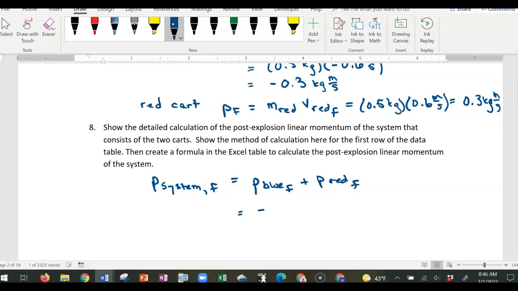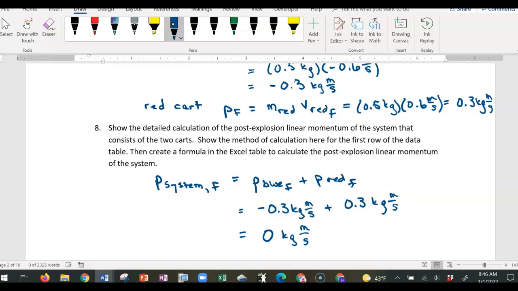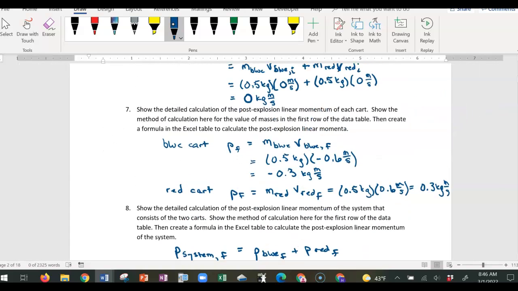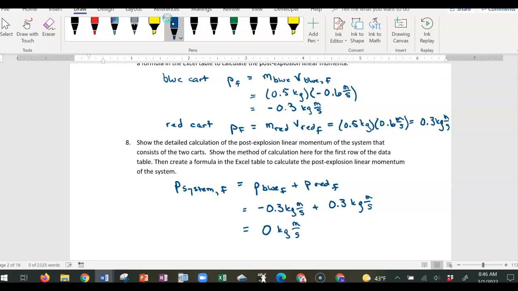So it equals negative 0.3 kilogram meters per second plus 0.3 kilogram meters per second. It equals 0 kilogram meters per second. So the momentum after the explosion is 0, the momentum of the system, and the momentum before the explosion was 0. So we have the same amount of momentum both before and after the explosion.